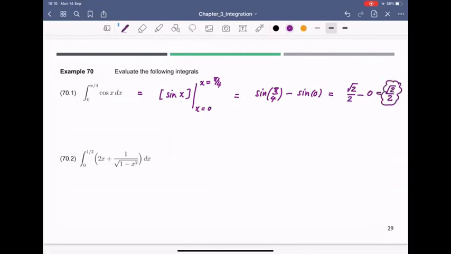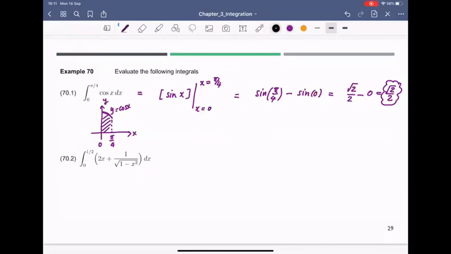OMG, right? You got it in less than a minute, because you know the entirety of cosine. So the geometric meaning is the area under the curve y equal to cosine x from 0 to pi over 4.